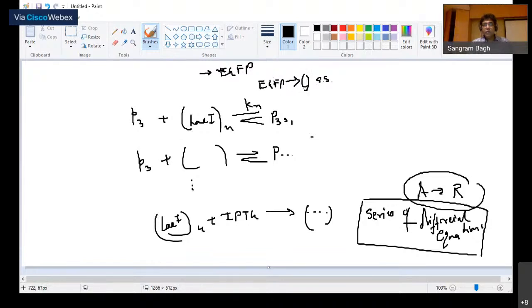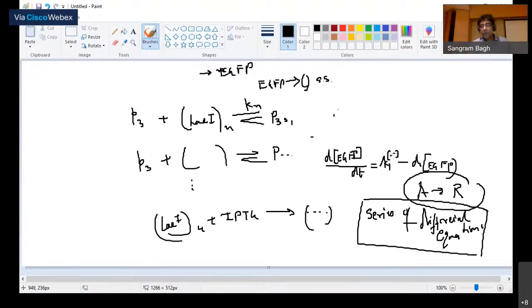If you want to develop this equation, your first equation is nothing but dEGFP/dt = K1 for EGFP production minus, let's say, D1 times EGFP.